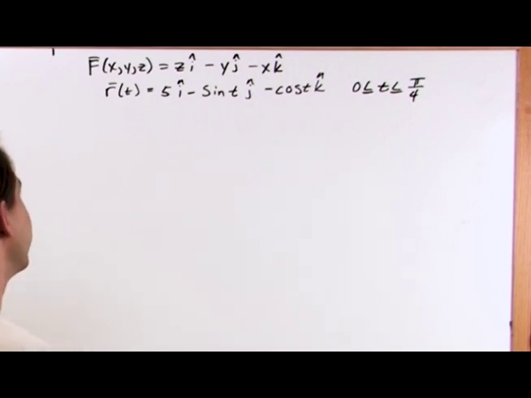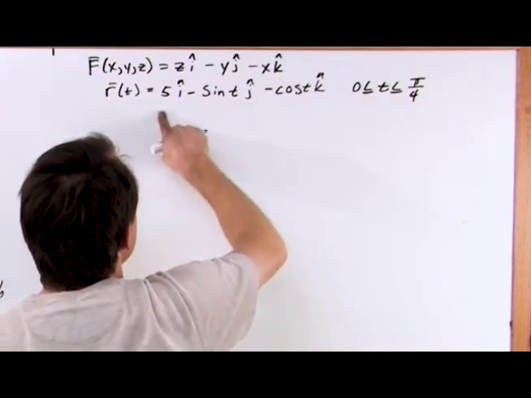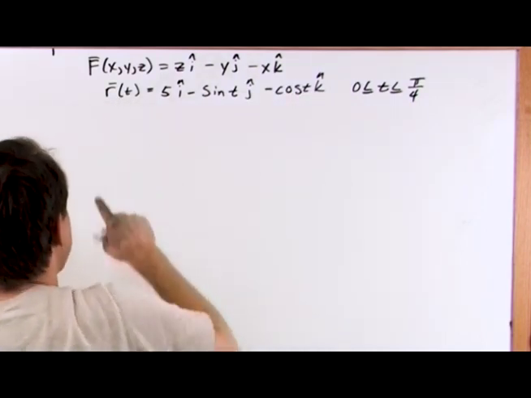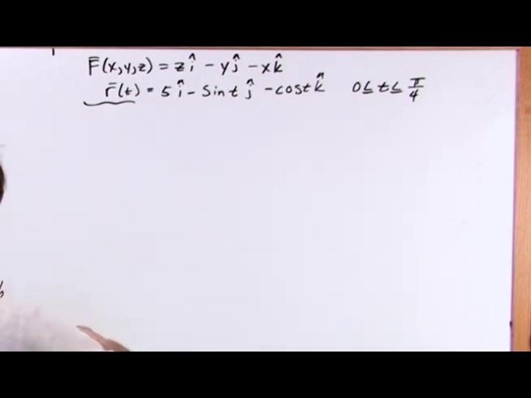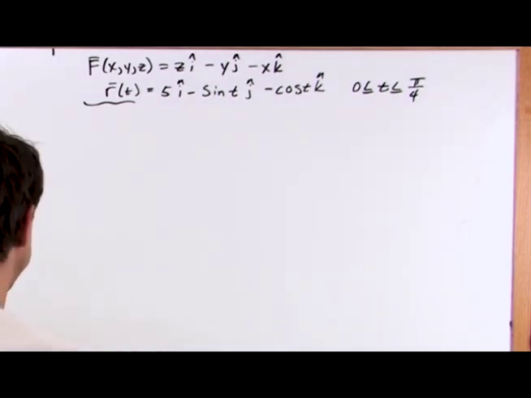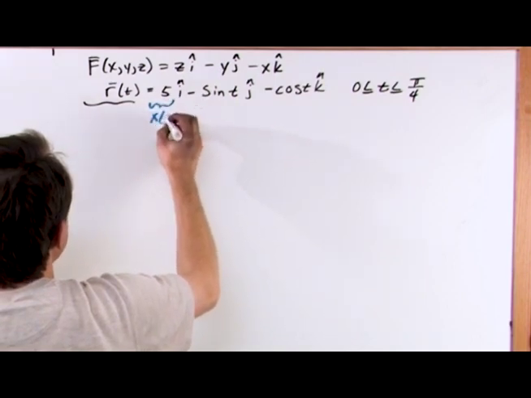The parametric equation is defined in terms of t, 0 to pi over 4. So when you plug 0 to pi over 4 in for this, this describes the path, which is the tip of this vector r, okay? A couple of things I just want to point out that we're going to use here in a few minutes. This thing that's in front of the i is what is called x of t.